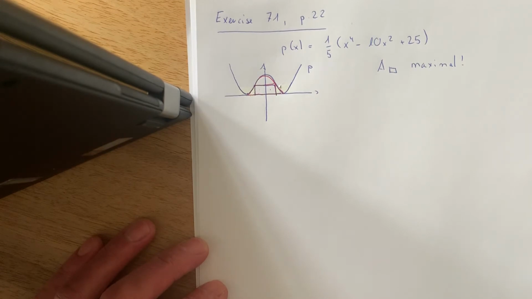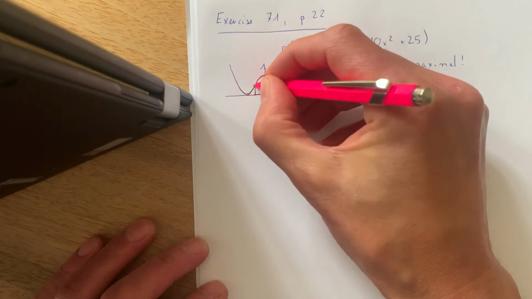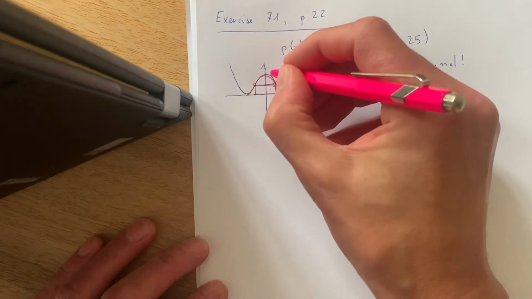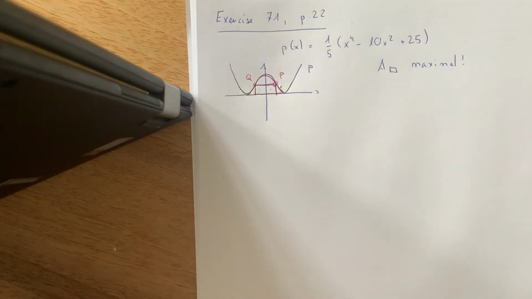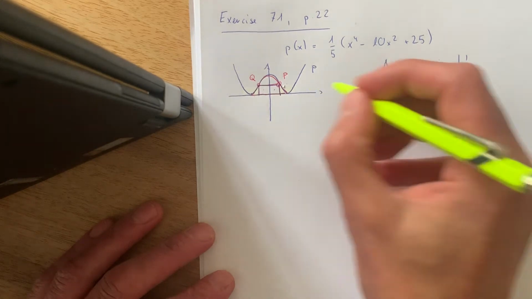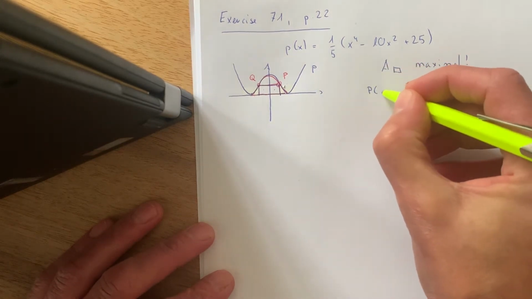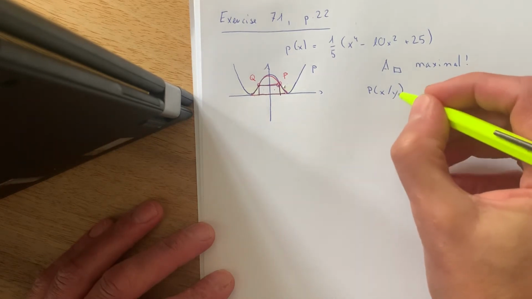Of course, we are going to need this point here and this point here. So I'm calling this point P and this point Q. Let's see. We say that P has coordinates x and y.